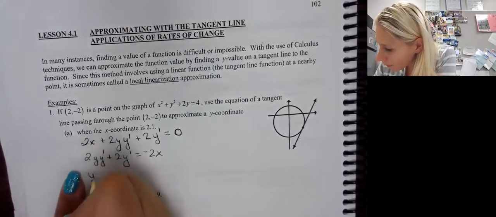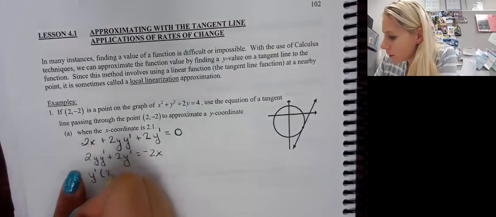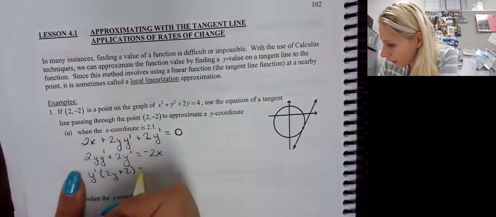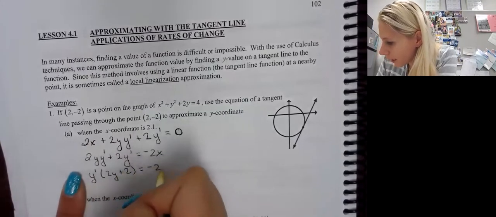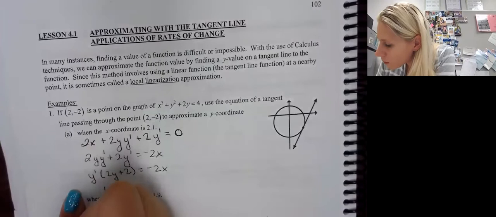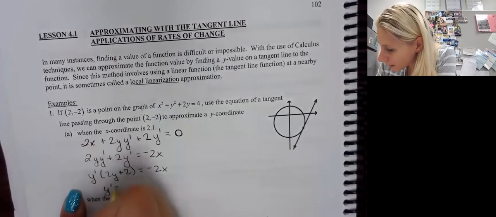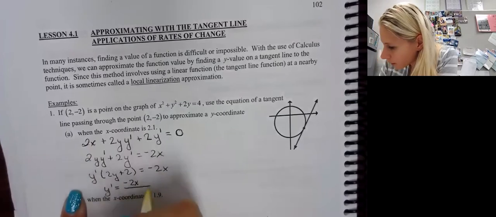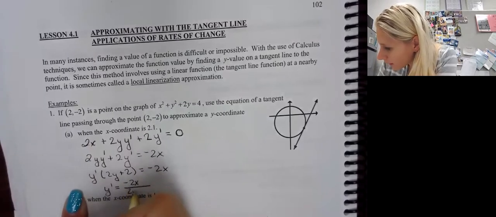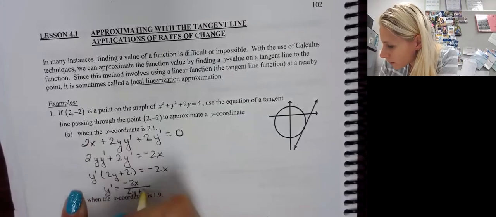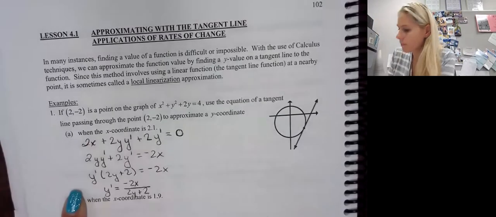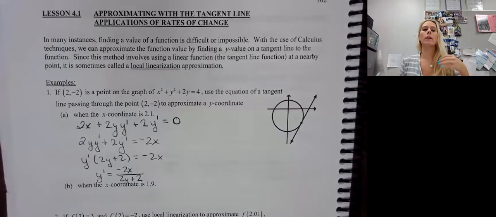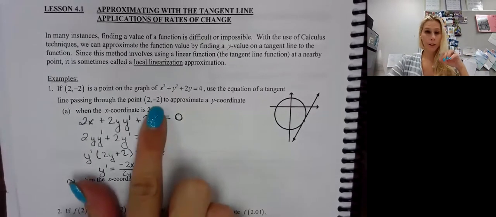So I get y prime times (2y plus 2) equals -2x. So y prime equals -2x over 2y plus 2.